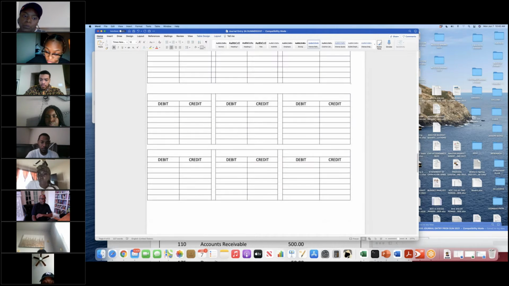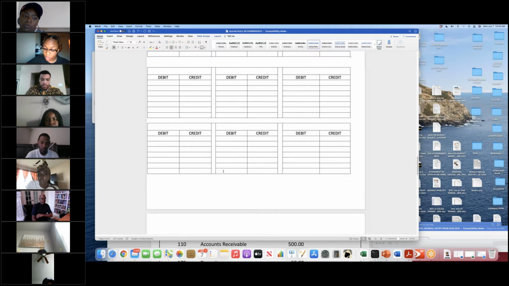Then we're going to go down to accounts payable about here, as we stay in order. And we're going to have 100,000 where? Accounts payable, on the credit side. That's transaction 2.